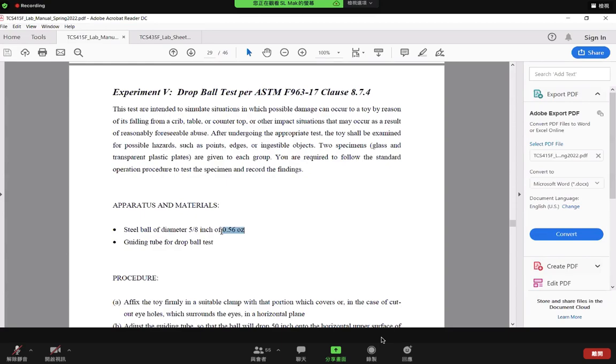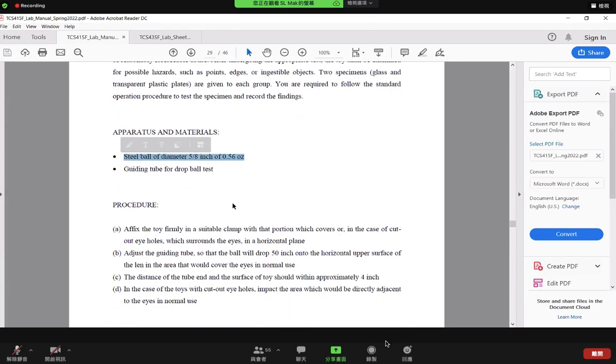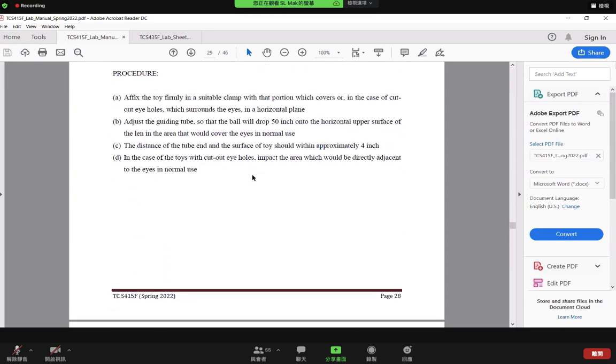We will use a steel ball. The standard already mentioned the weight, the dimension, and then we will use the ball drop on the lens of the glasses. I'll provide different products to you to check whether they will break or not.